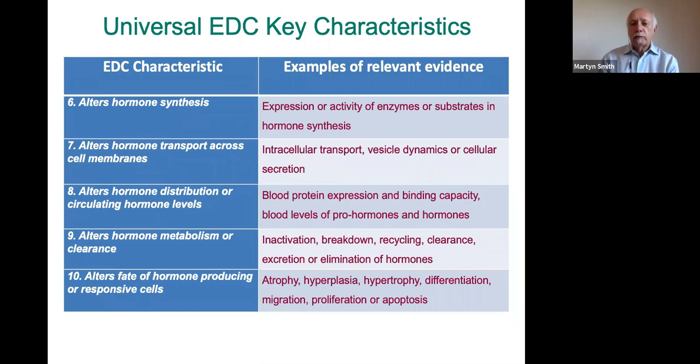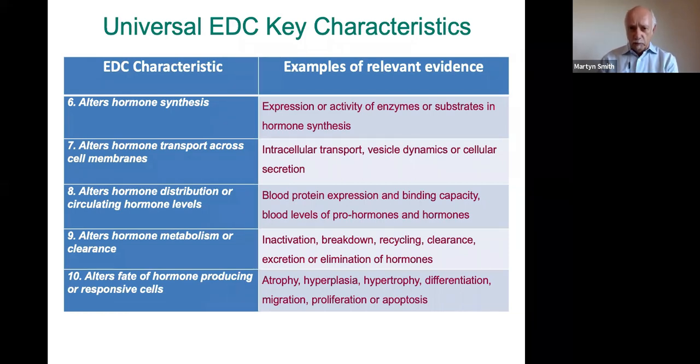Another one that people would typically think of would be altered hormone synthesis. But then there's the intracellular transport of hormones, blood protein expression, which alters their distribution in the body, their inactivation, breakdown and recycling and metabolism. And then actually things like hypertrophy and atrophy and things like this.